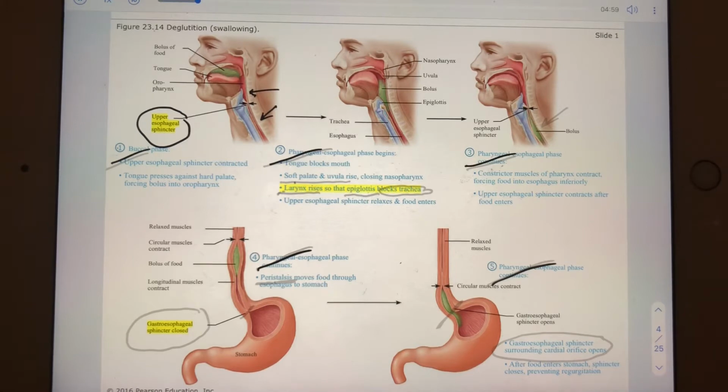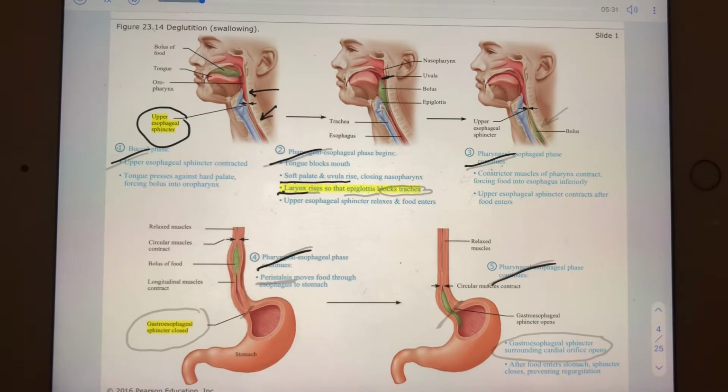Whereas once we move that bolus into the oropharynx and even the laryngopharynx, then we open that upper esophageal sphincter. And I also wanted to remind you that when we swallow, the soft palate and the uvula rise to seal off the nasopharynx so that we don't send food upward into the nasal cavity, which, ouch.